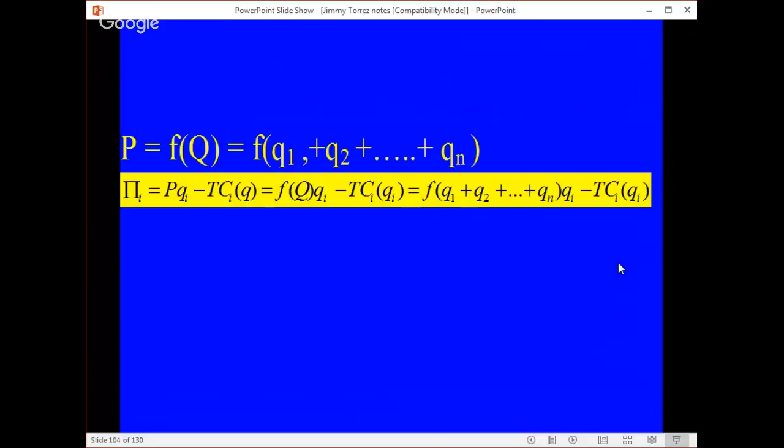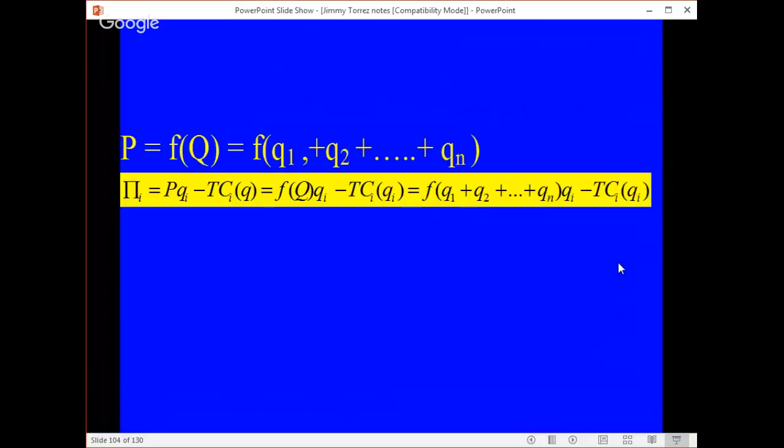But we have more than one firm, right? So price is a function of what these firms produce. So the profit for each individual firm in the oligopoly is P times Qi minus their total costs, Ci. But P, as we said, is going to be a function of all the quantities that all the oligopolists produce, times Qi.